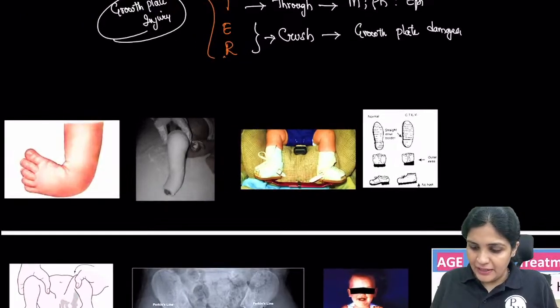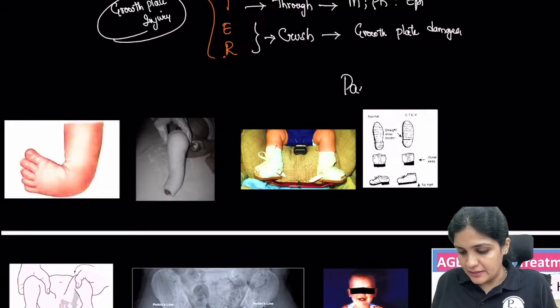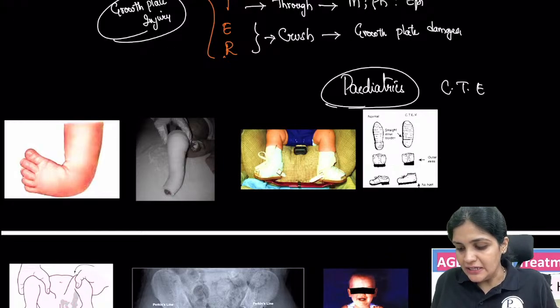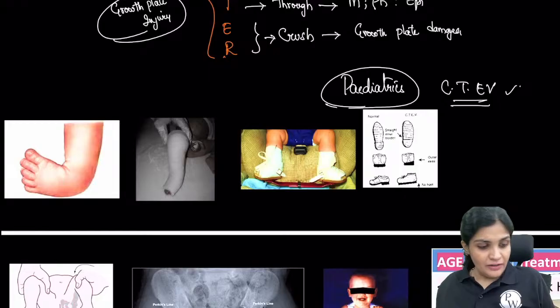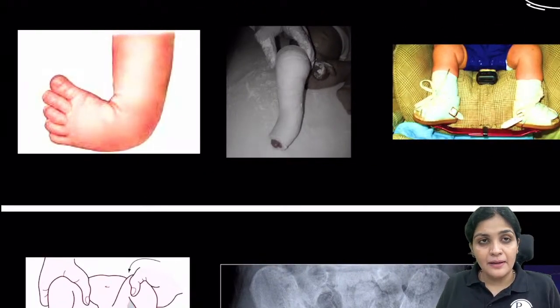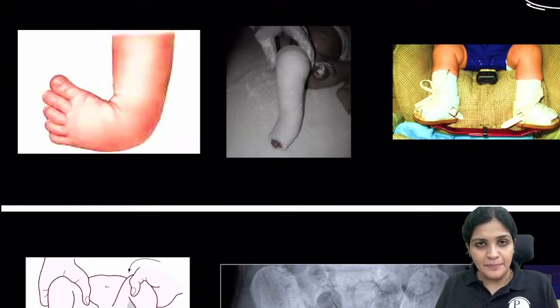And now we are dealing with pediatrics. So the first important thing is your CTEV, right? CTEV, very, very important. So what happens in CTEV? There is a deformity, congenital talipes equinovarus, right?